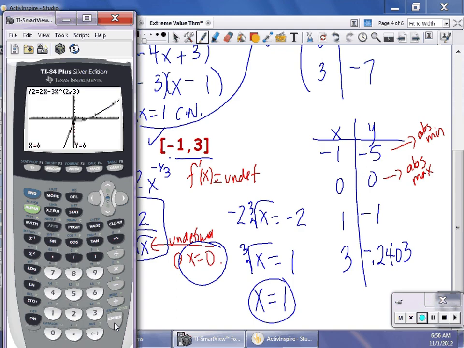At 1, the y value is negative 1. And at 3, the y value is negative 0.2403. So just a confirmation that we did this right.